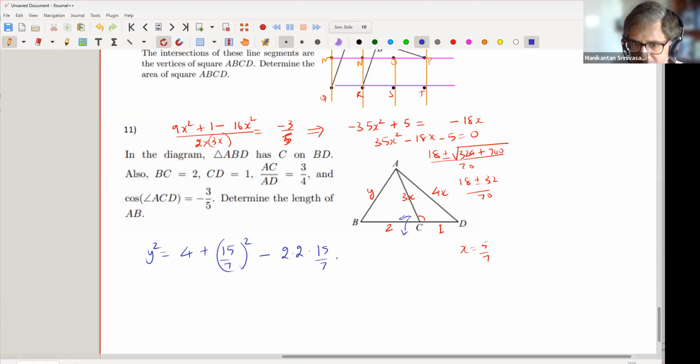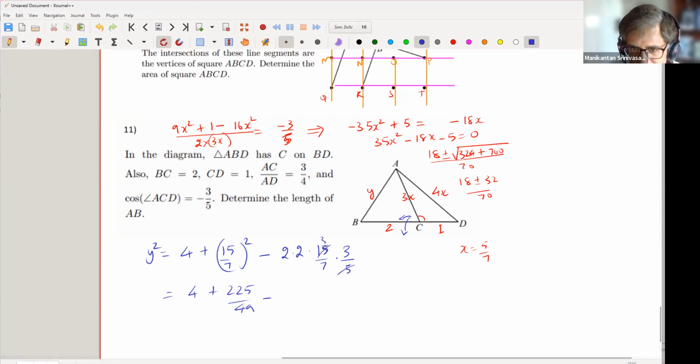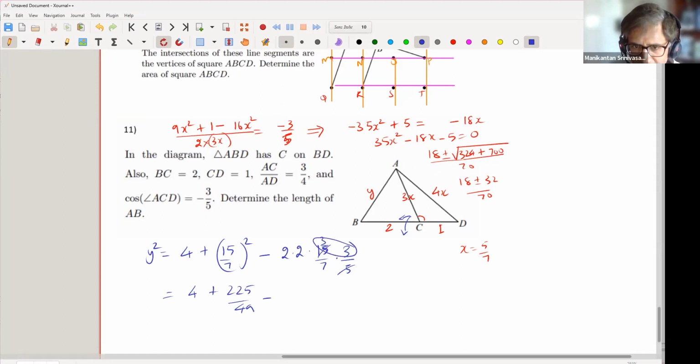Cos of this angle will be positive 3 by 5, since cos of theta and cos of 180 minus theta are negatives of each other. You guys know this. So into 3 by 5. Then we should be able to solve and get y. Let's see whether this results in a proper answer. So y squared is 4 plus 225 by 49 minus, how much does this simplify to? This is 36 by 7.